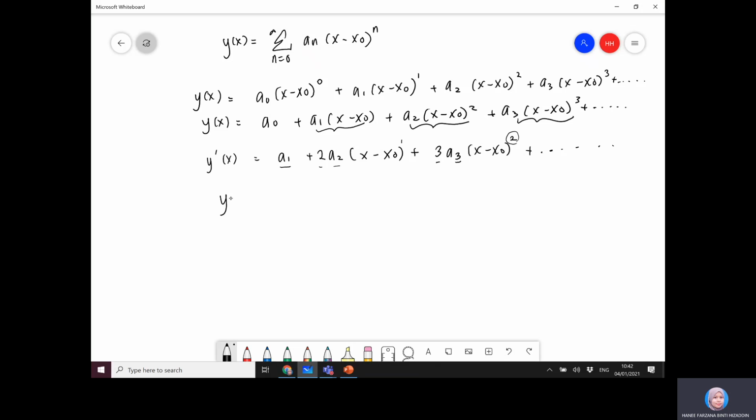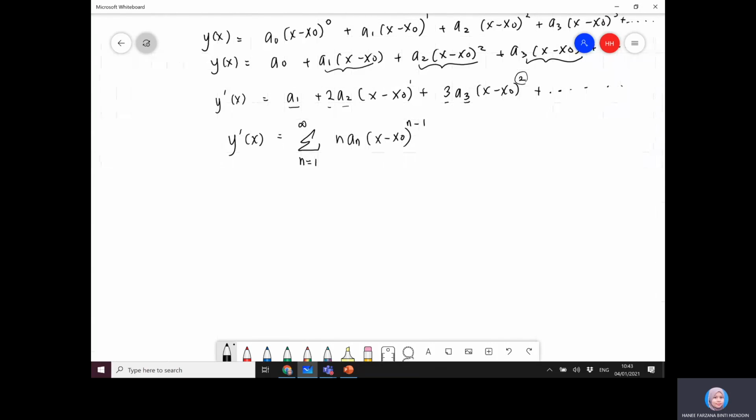So you can summarize that the first derivative of y of x is thus the summation starting from n equals 1 until infinity of n times a sub n times (x minus x naught) to the power of n minus 1. That's why the first derivative, y prime, starts with n equals 1. It doesn't start with n equals 0.